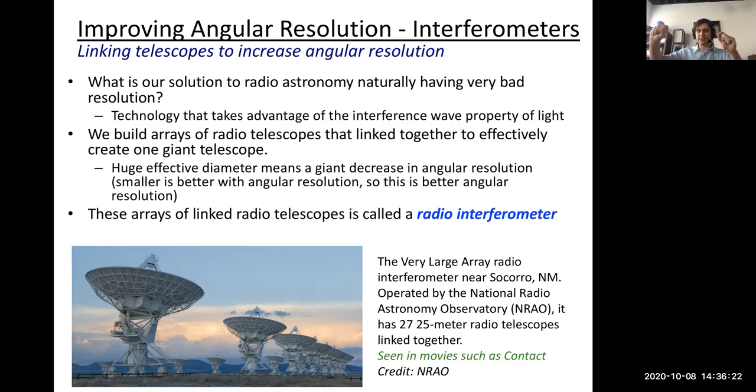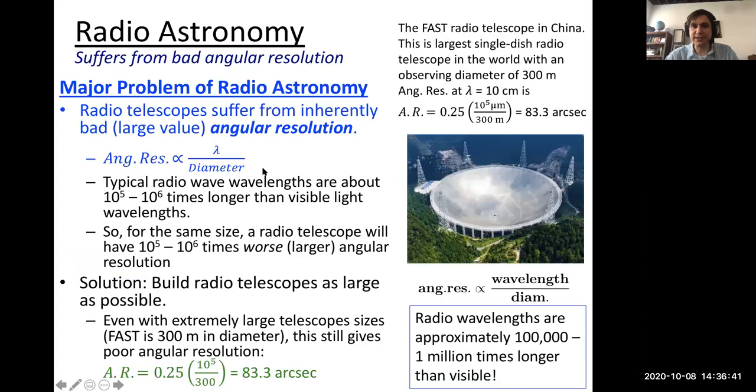If that's the largest distance between any two telescopes in the interferometer, that's the effective diameter of an interferometer. So now we can widely space telescopes to get a larger effective diameter. And notice that if we can increase the diameter, we can decrease the angular resolution.